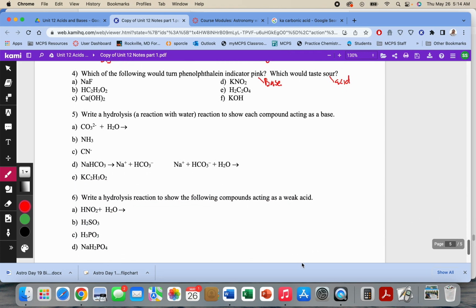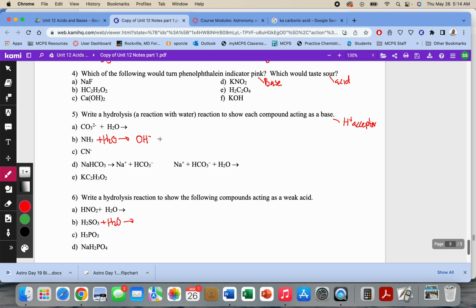Now, let's write a hydrolysis reaction. And a hydrolysis reaction means that we're adding water. So in both cases here, I'm going to add water. The difference is, in one case, I'm looking to show that something is a base. So this is an H+ acceptor. Well, if NH3 is accepting an H, that means H2O is losing an H. So H2O, when it loses an H, becomes OH-.